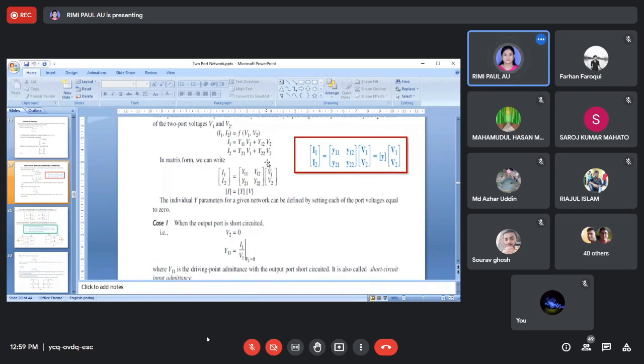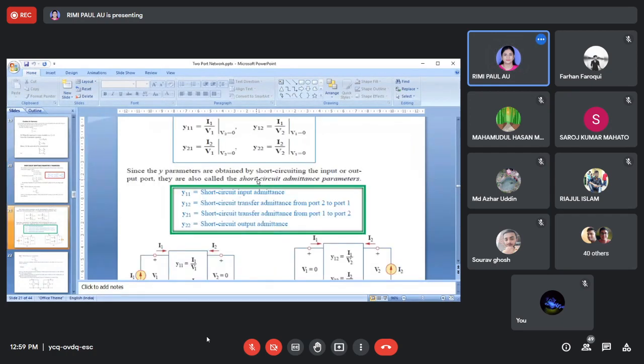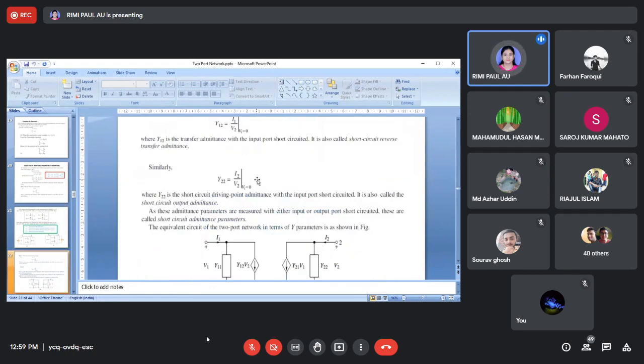So you can find out these four parameters. If these four parameters are known, then you can say what the admittance of this network is. Or if you can find the other parameter, you can just do the inverse. So this is the model.